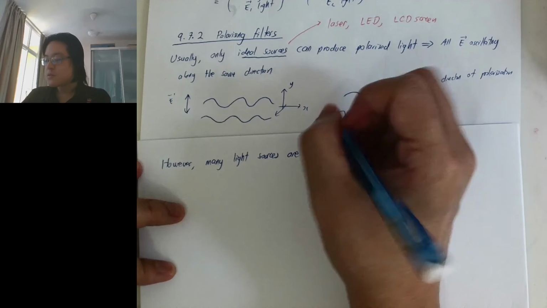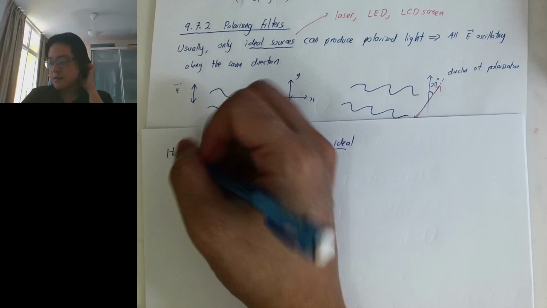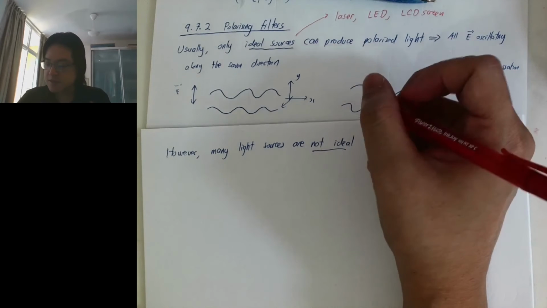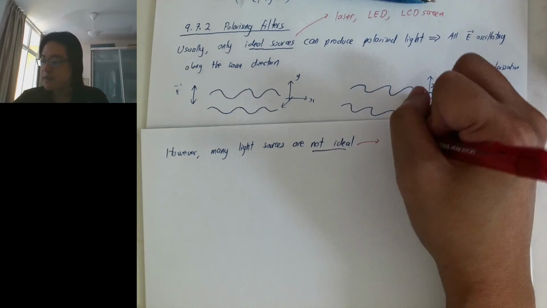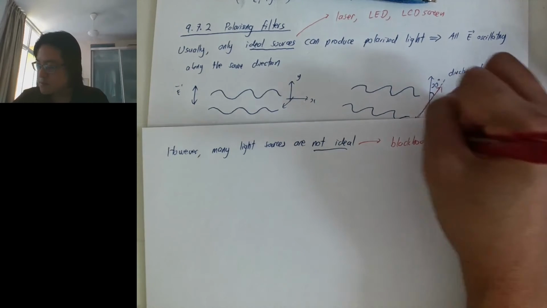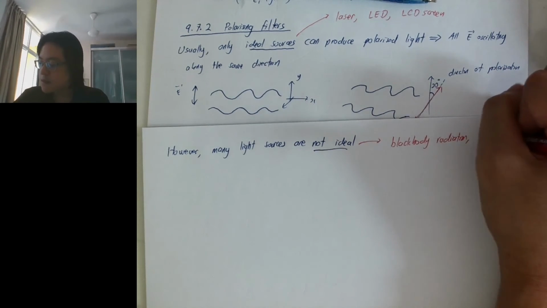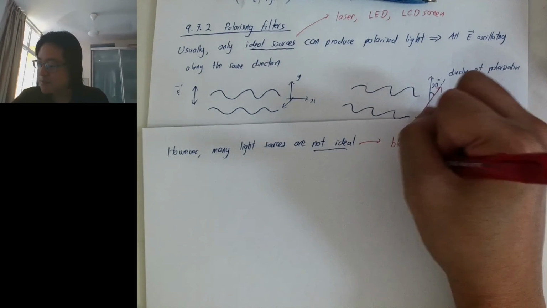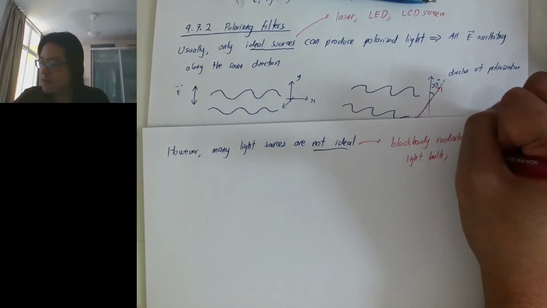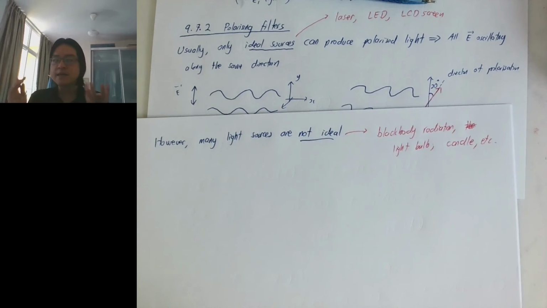Not ideal light sources, some examples may be black body radiation, right? Thermal light bulbs, or just say light bulbs, candlelight. So all these things, they produce light, they are not polarized.